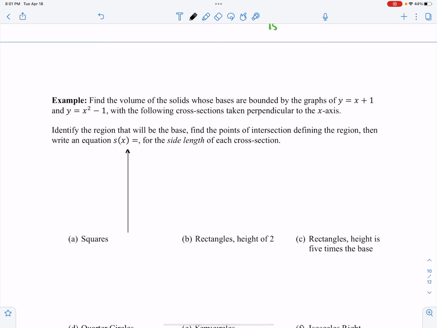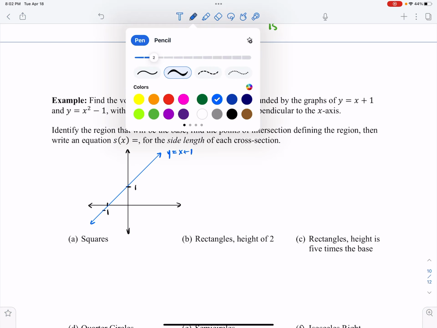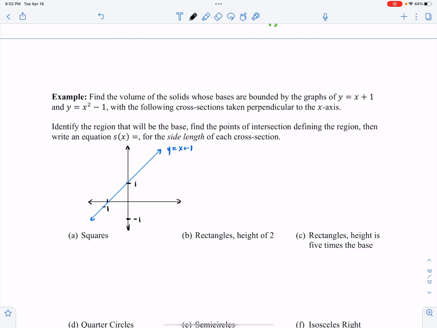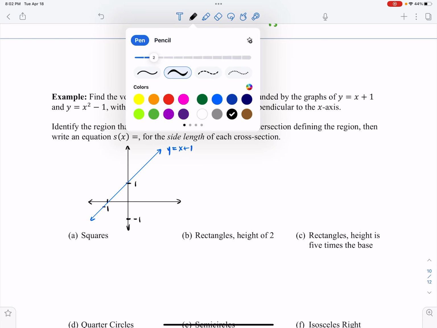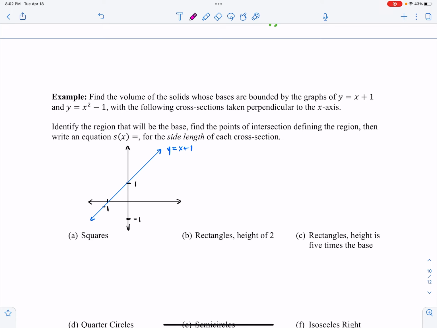So I think it does help to draw the picture. Okay, so x plus 1, that would be the line that would have a y-intercept of 1 and a slope of 1. And then x squared minus 1, that's x squared shifted down 1 unit, and has x-intercepts at 1 and -1.